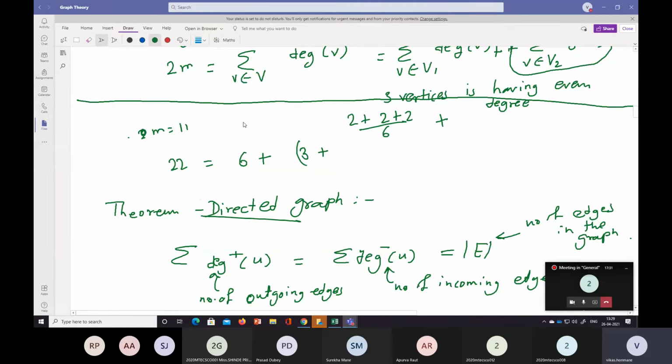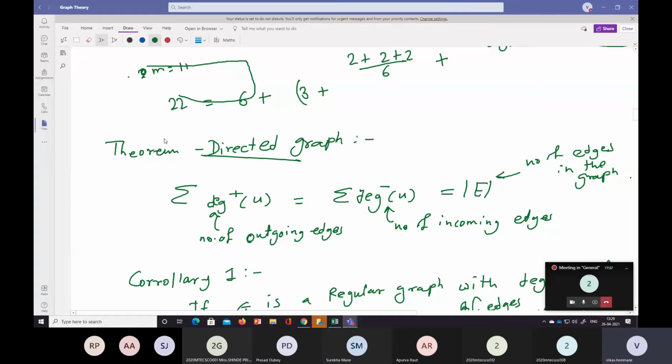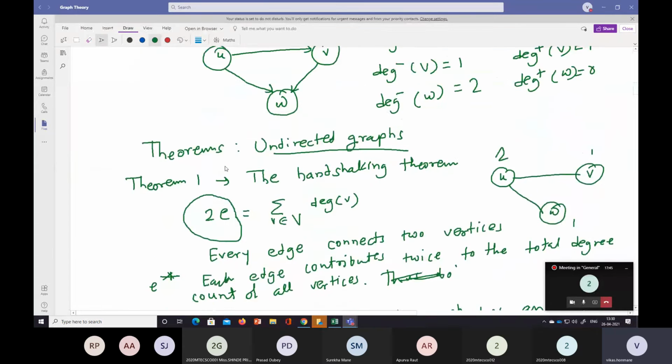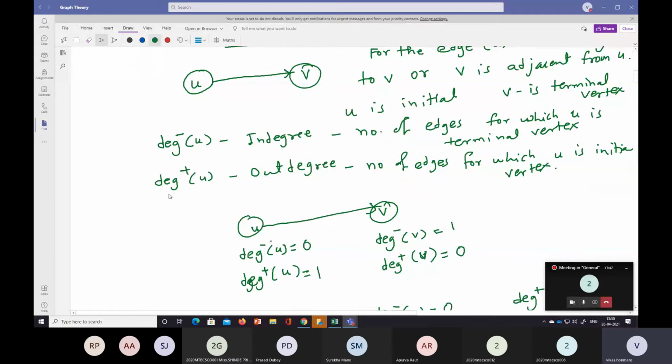Okay, so we'll not go into this example because there is no graph. Then one more theorem related to directed graph. Degree of u, so plus means out degree and minus means in degree.